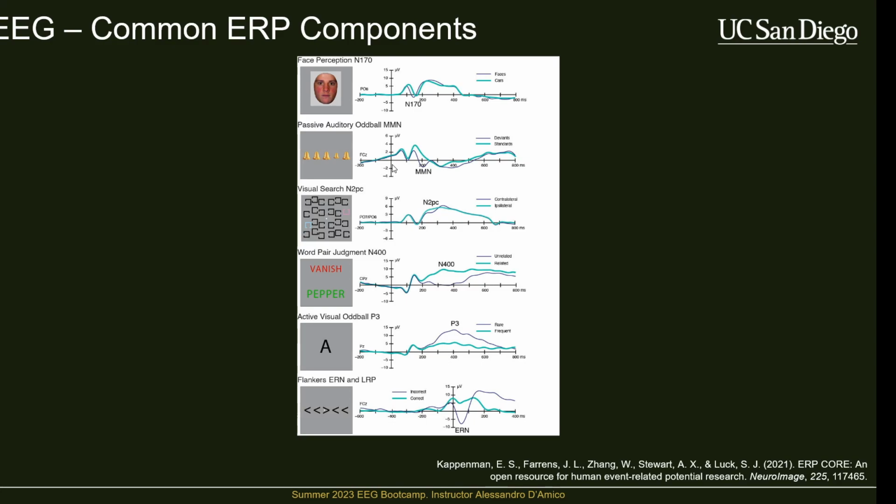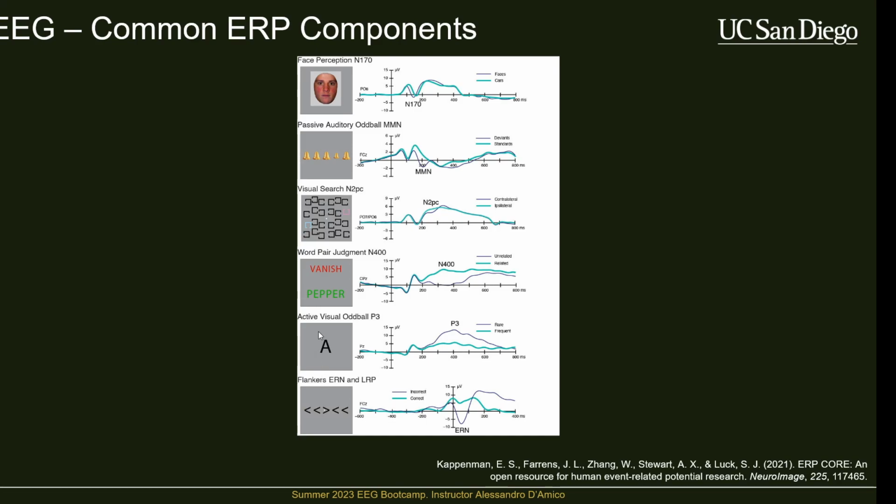You don't have a goal. You're not responding to anything. You're just perceiving these stimuli. Sometimes there's even a distractor task that you're doing while the MMN task is happening in the background. Most of the time, oddball tasks are passive oddball tasks, so you're just sitting there looking at stimuli, and you're not asked to do anything.